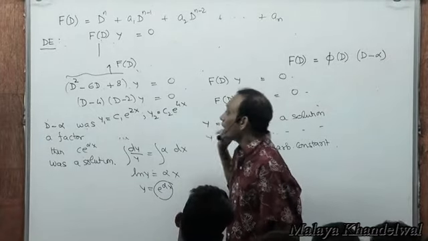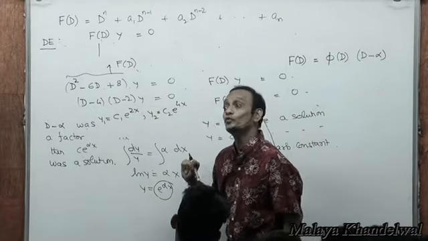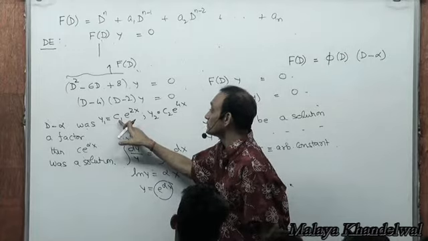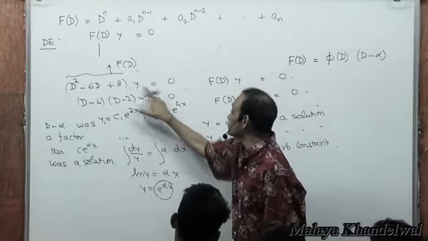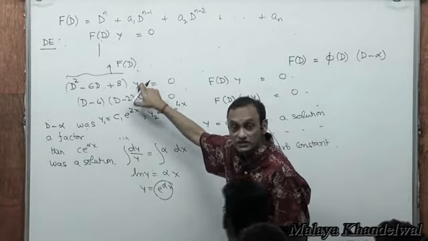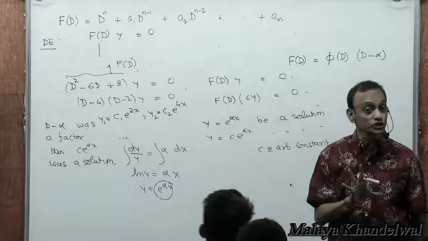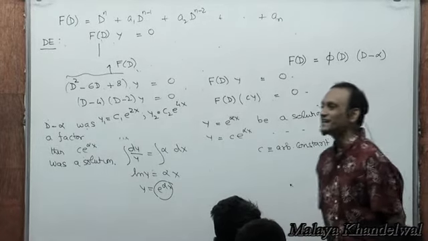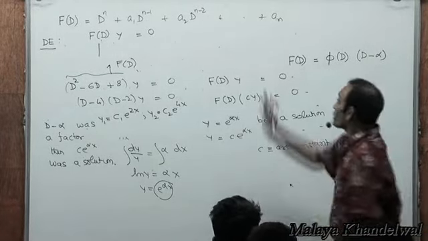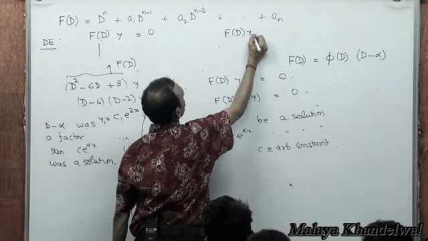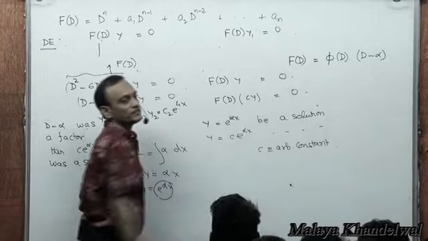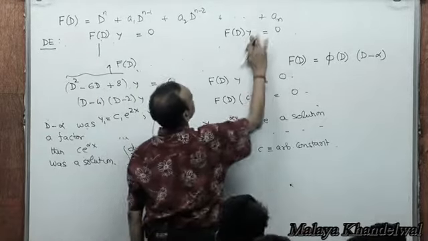That means I've already figured out two solutions to the differential equation. y equal to C1 e power 2x will satisfy this. y equal to C2 e power 4x will also satisfy this. Yes or no? I have obtained two solutions where C1 and C2 are arbitrary constants. Now, look, if y1 be a solution to the differential equation, fd acting on y1 is 0.